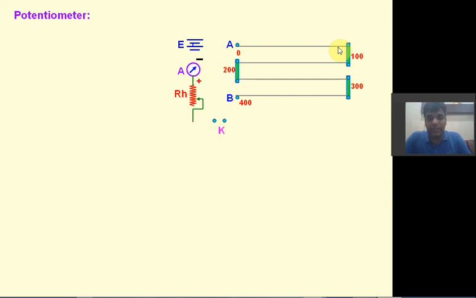This we take in the potentiometer, and next we take the circuit. This circuit is called the auxiliary circuit, where one battery is connected to the ammeter, and a rheostat is here for variable resistance, and one key is connected to the point B. The battery is connected to the point A, and only this circuit is called the auxiliary circuit.